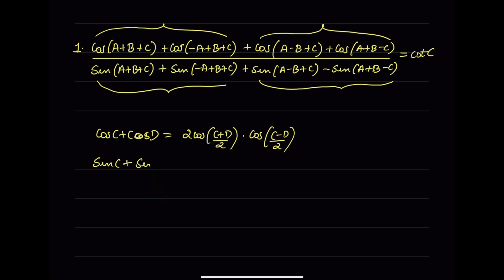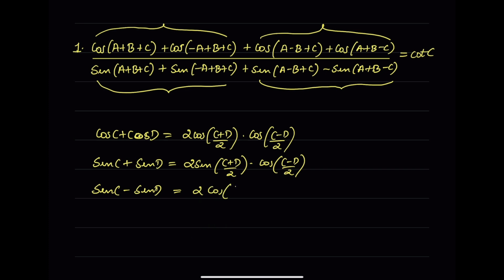Sin C plus sin D is 2 sin of (C plus D)/2 and cos of (C minus D)/2. The last formula is sin C minus sin D, which is 2 cos of (C plus D)/2 and sin of (C minus D)/2.